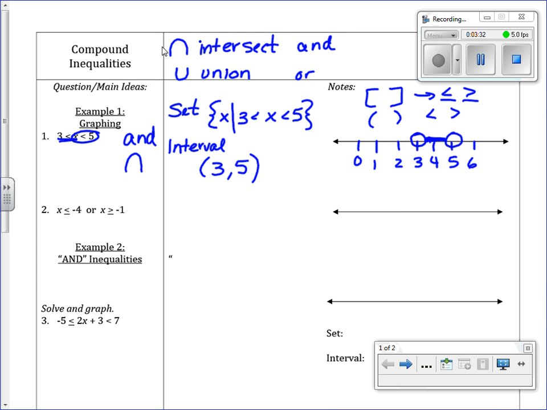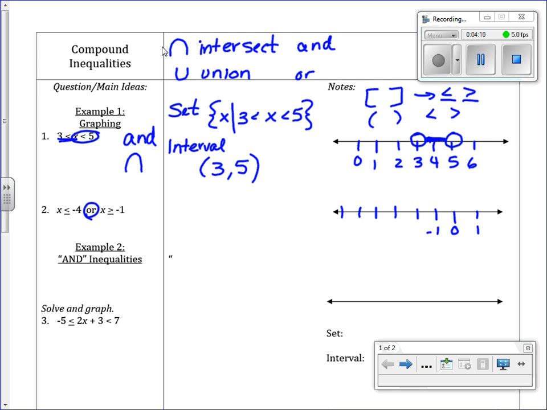So let's go ahead and take a look at our next example. And we're going to practice this more, so if you're not sure, don't worry about it. My next example says x less than or equal to -4, or x greater than or equal to -1. Okay, so this is what we're going to do with this. I'm going to set up my number line, and I'm going to go ahead and have my 0 here. 1, 2, 3, 4, 5.